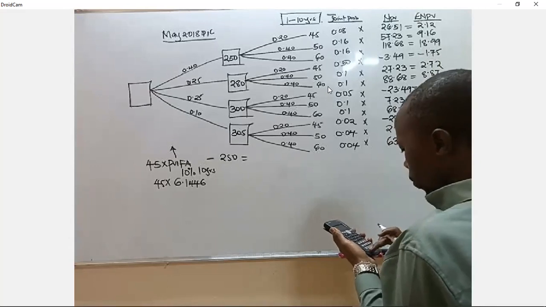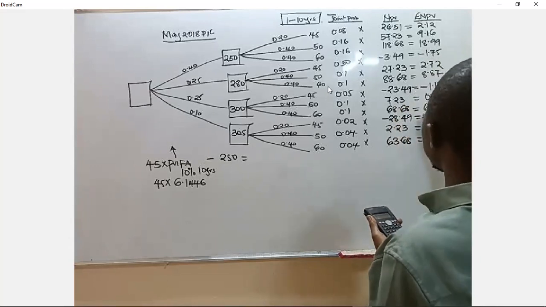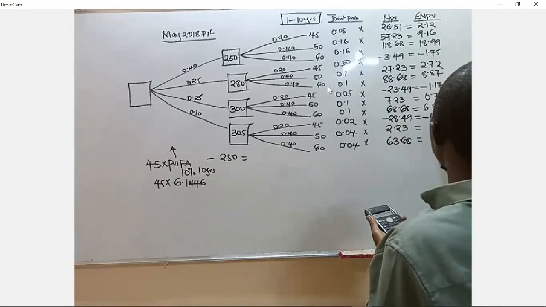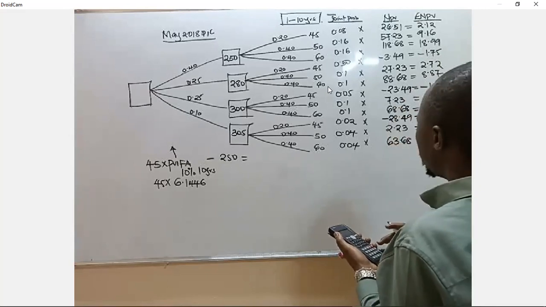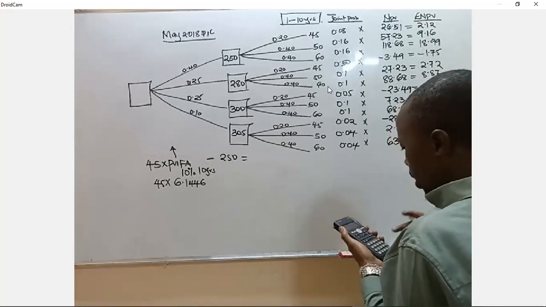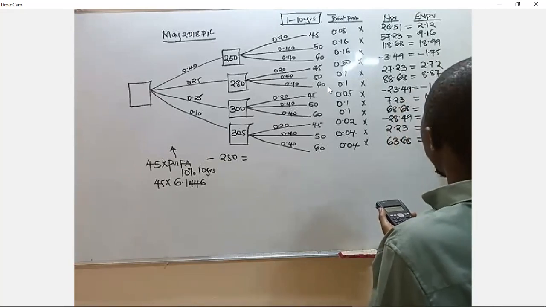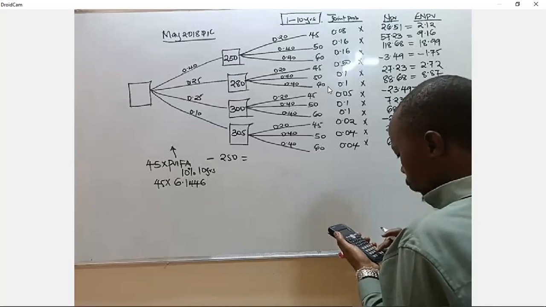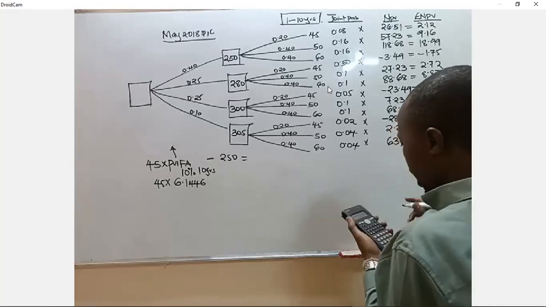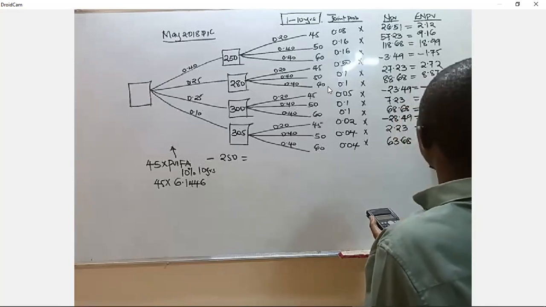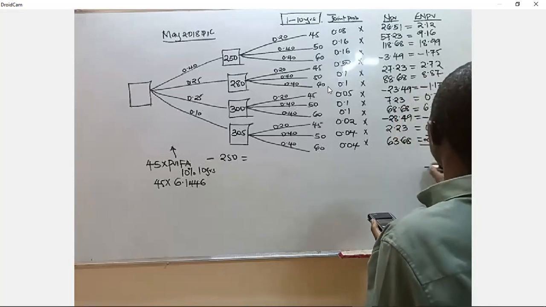You multiply by 0.02, getting negative 0.57. 2.23, right, times 0.04. You can see you are getting 0.09. Then the last one will be 63.68. You multiply by 0.04. We are getting 2.55.